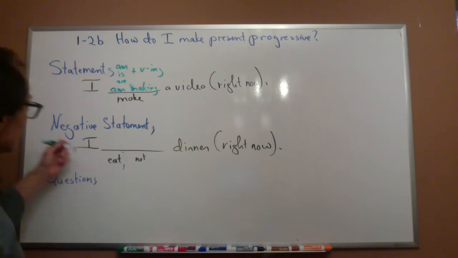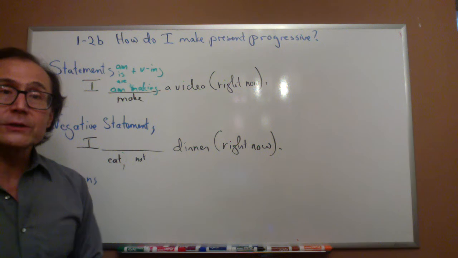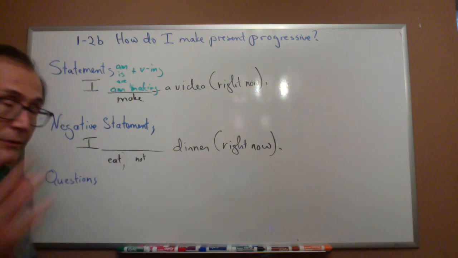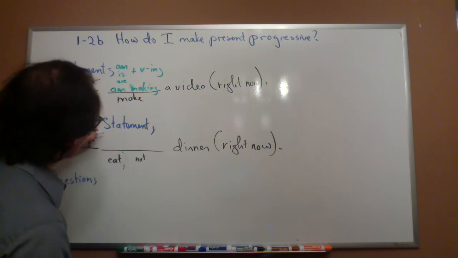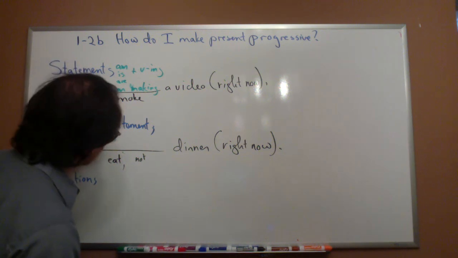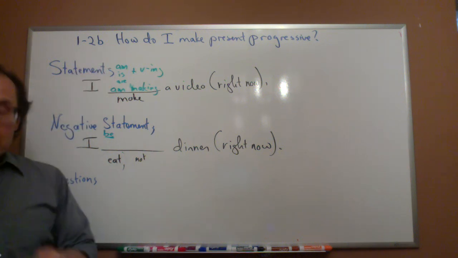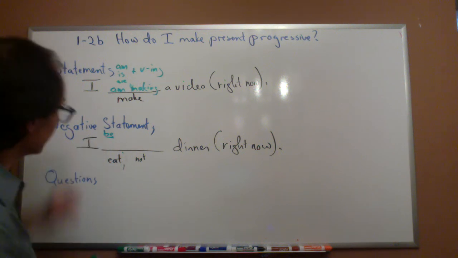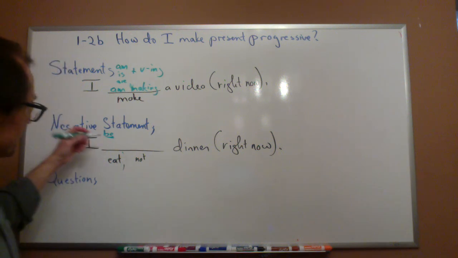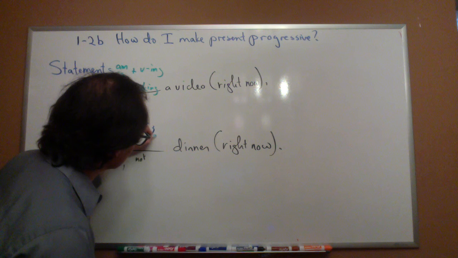So for negative statements in present progressive, it's really easy. I don't need to add an extra word. I don't need to add do or does. I just use am, is, are, or another short way to say that is be. Am, is, are, you probably know this already, different forms of the English verb be. And so I use be plus not plus verb ing.